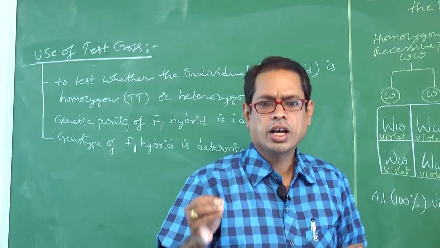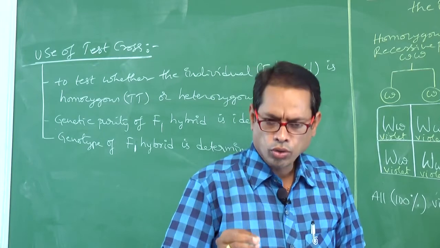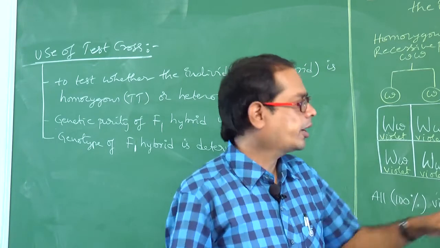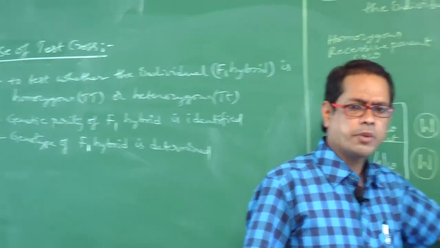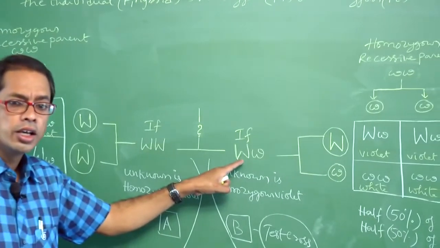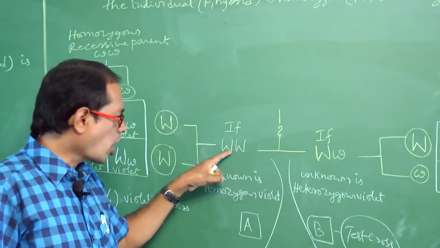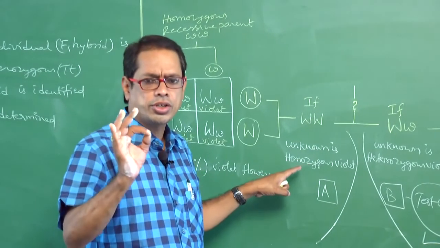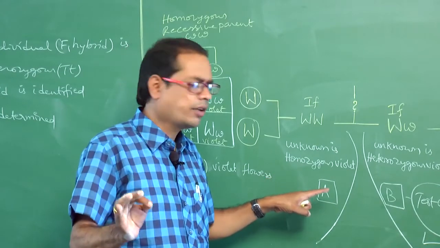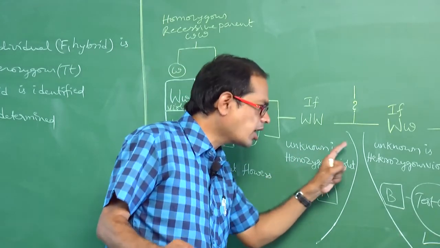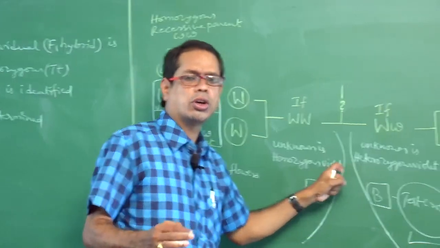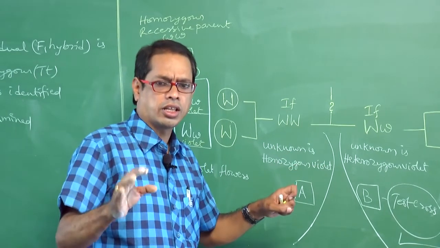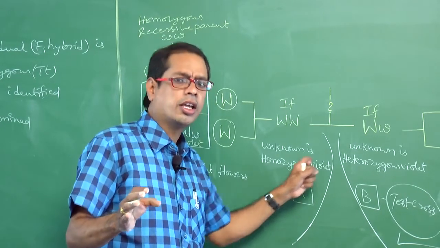Finally, what is the F1 condition? Is it homozygous or heterozygous? The F1 hybrid must be heterozygous, not homozygous. So a test cross is used to find whether the individual is homozygous or heterozygous. In these two cases, we are able to find whether the individual is homozygous or heterozygous.